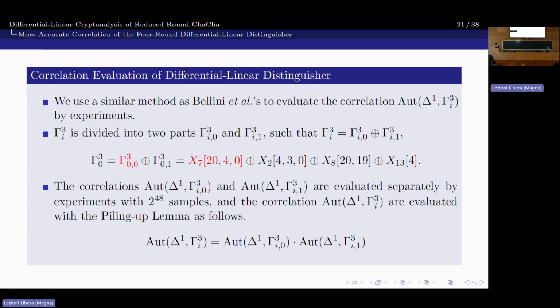We use 2 to the power of 48 samples to evaluate the correlation by experiments. The number of samples is bigger than the inverse of the correlation squared. Thank you.